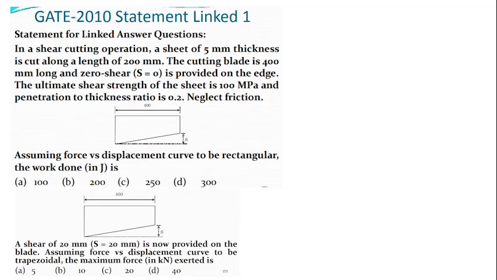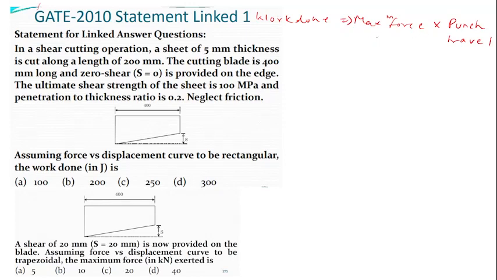So here they are asking to calculate the work done. So the formula for work done will be maximum force multiplied by punch travel. Okay, force into distance, displacement is your work done. So this is your work done.